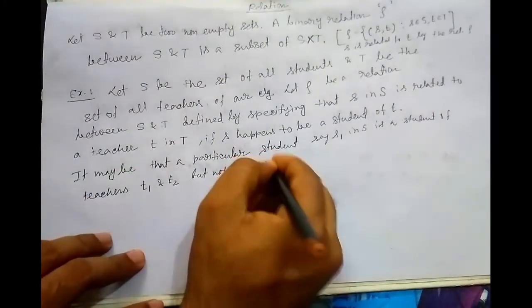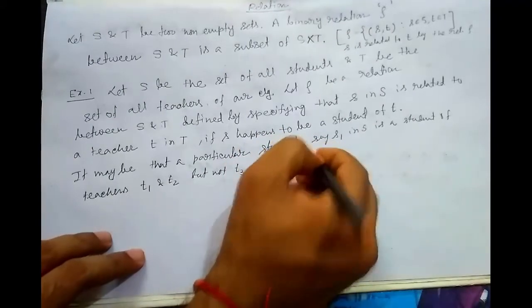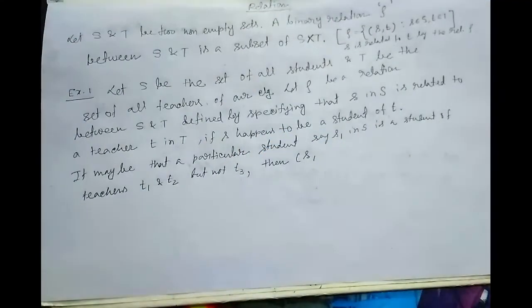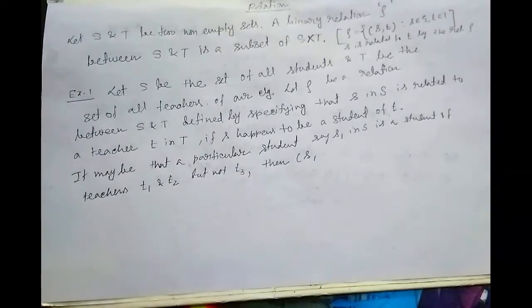Then see here, rho is the student teacher relation. Okay, if s1 is a student of t1, then (s1, t1), this ordered pair, belongs to rho.